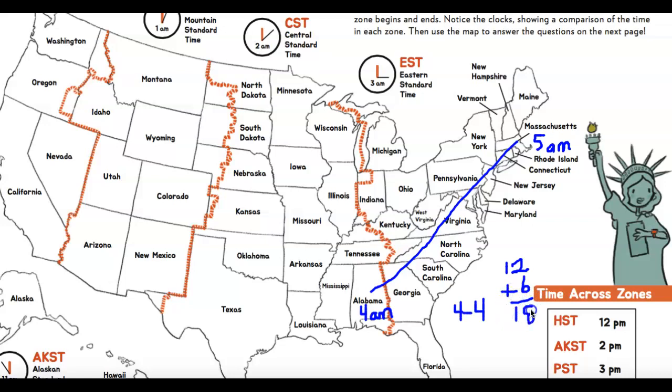And 4 plus 6 more hours, it will be 10 p.m. when they get into Alabama. In Massachusetts, it'll be 11 p.m., but it'll be 10 p.m. The question is, what time will they get to Alabama? And they will get in at 10 p.m. that night. So, all right, there you go.